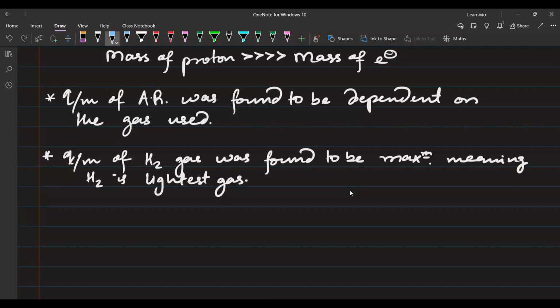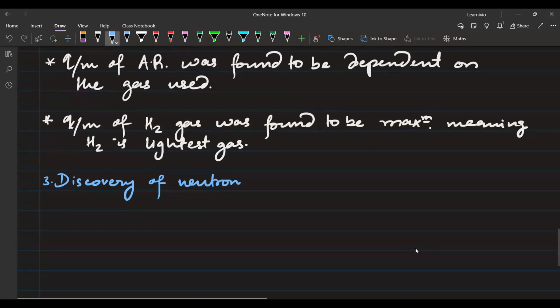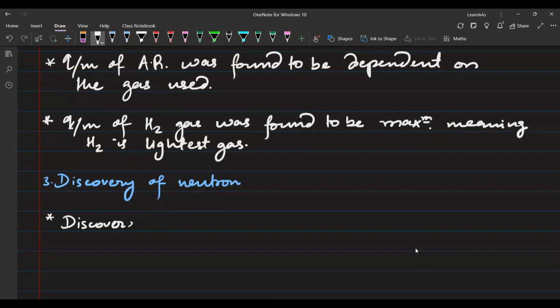इसके बाद देखिएगा discovery of neutron. Discovery of neutron. Just two very small points. Discovered by Chadwick.